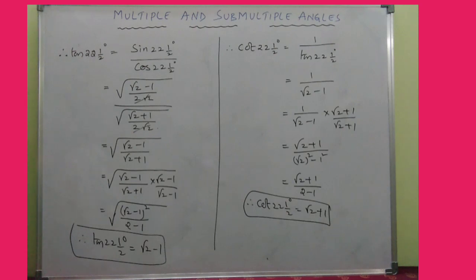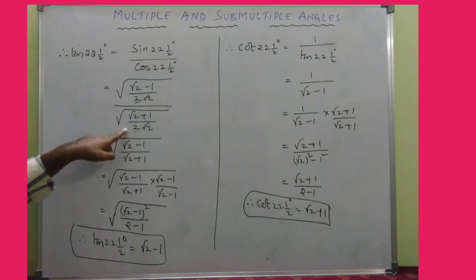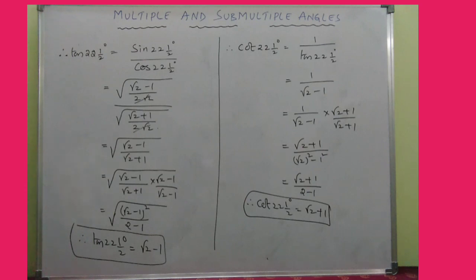And already sine 22.5 degrees is equal to the square root of (root 2 minus 1) by 2 root 2, and cos 22.5 degrees is equal to, once again, the square root of (root 2 plus 1) by 2 root 2.